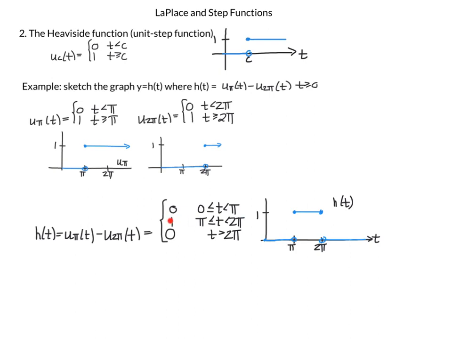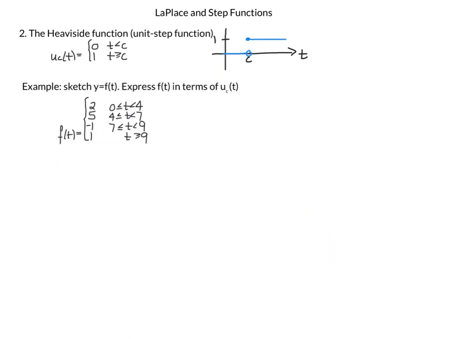So I will get 1 for t between pi and 2 pi. Now, after 2 pi, our u pi of t is equal to 1, as well as u 2 pi, so I get 0 for t greater than or equal to 2 pi, and this would be my graph. 0 from 0 to pi, and then 1 from pi to 2 pi, and then 0 greater than 2 pi.